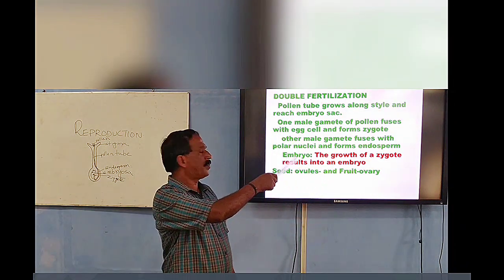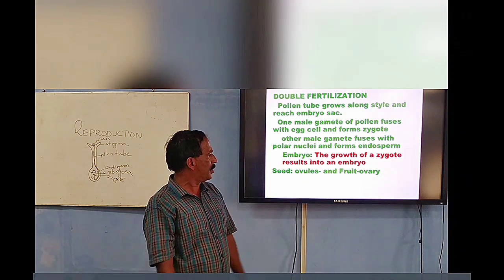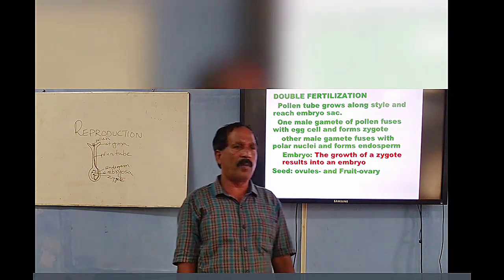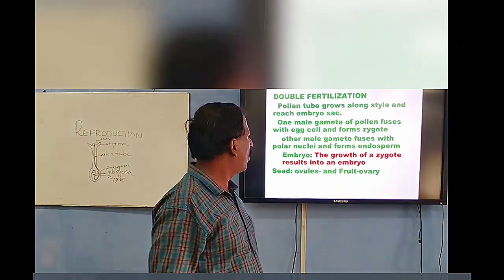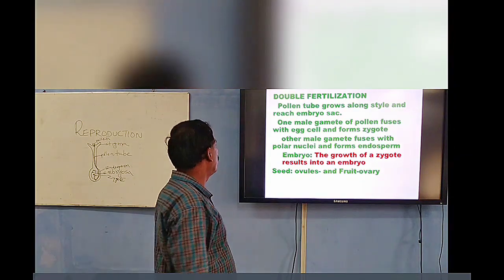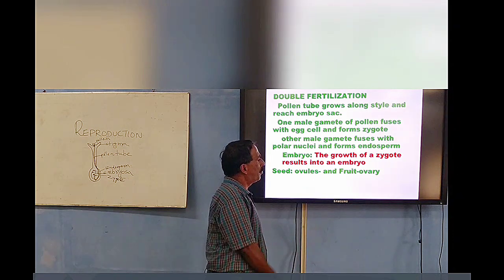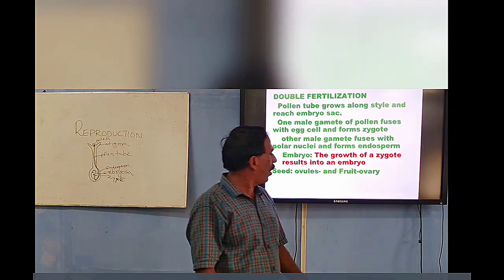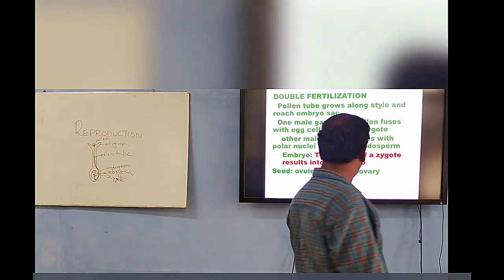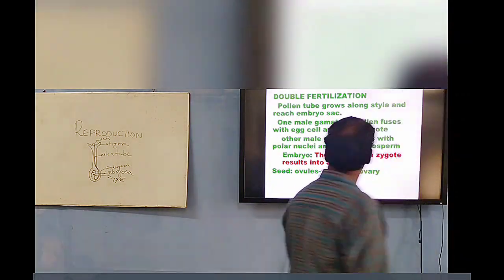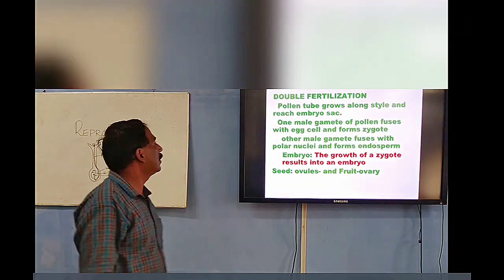The growth of the zygote results in the embryo. The zygote gives rise to the embryo, and the endosperm provides nourishment, that means it provides food to the growing embryo, and the ovule becomes the seed. And the fruit wall ultimately comes from the ovary. So this is sexual reproduction in plants.